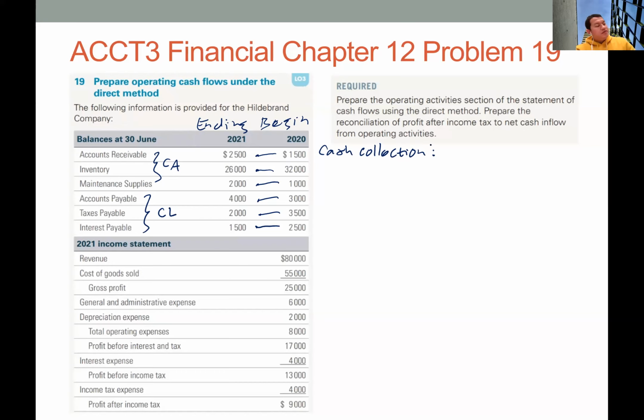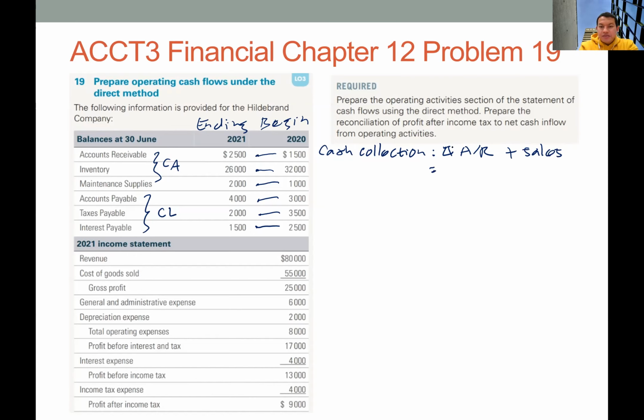So we have discussed that the cash collection is equal to changes in account receivable plus sales, assuming that all sales are done on credit.